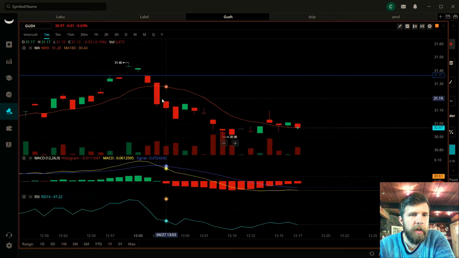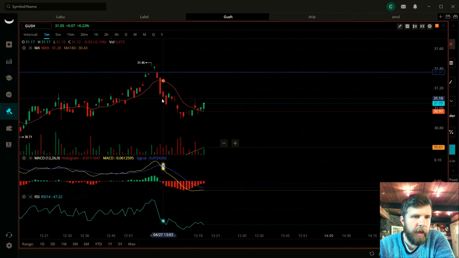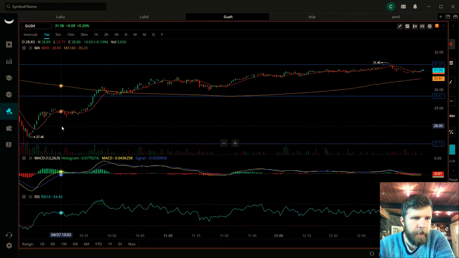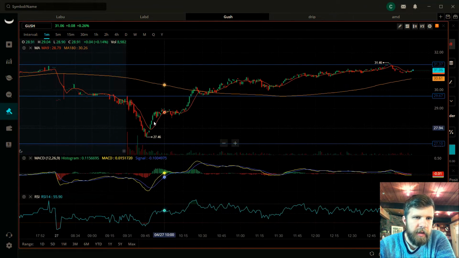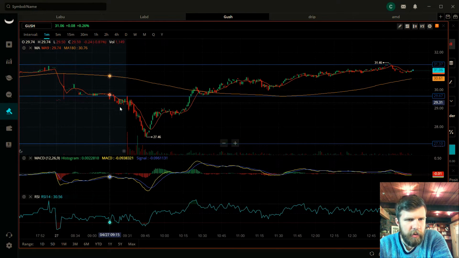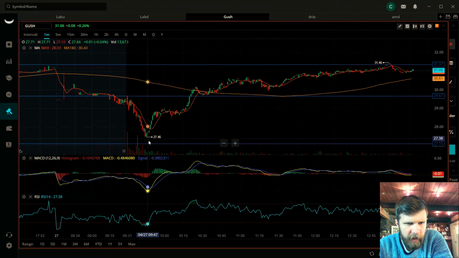Now on the 1-minute chart, if we go back to the beginning of the day, this is our pre-market. It opened and sold off, hit this low, and started trending up.